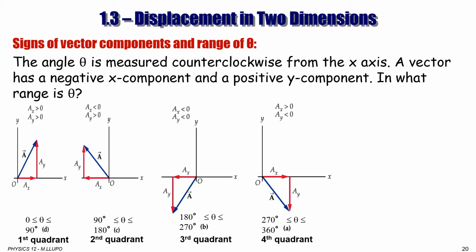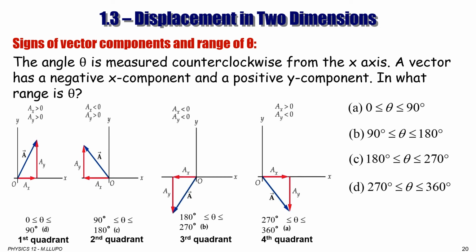In the second quadrant, when it's between 90 and 180, you have a negative ax and positive ay. On the third quadrant, you have negative ax and negative ay, so both of them are negative. And on the fourth quadrant, you have a negative y but positive x.